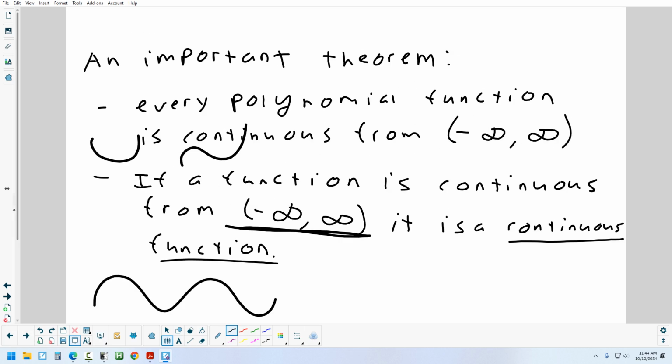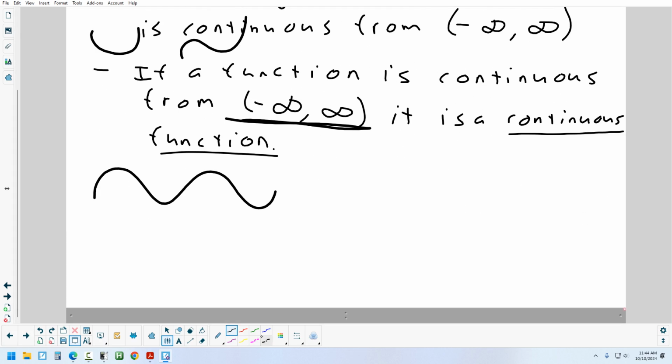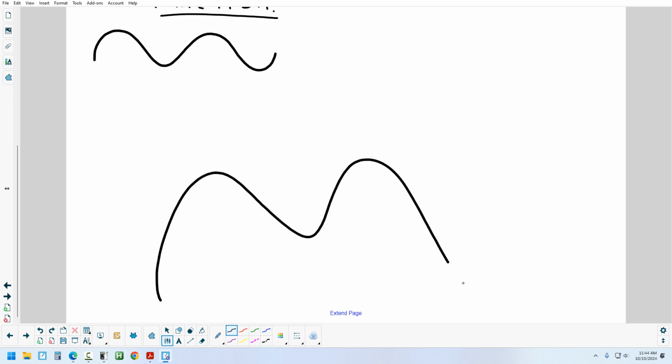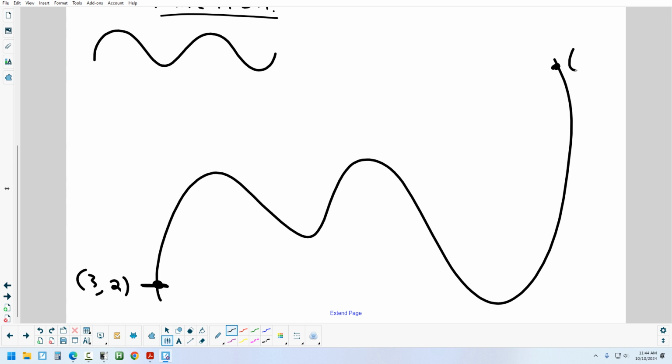All right. So let's say that I had something like this. And down here, I'm just going to make up a coordinate for that: 3, 2. That's the coordinate 3, 2. This is the coordinate 20, comma 32.